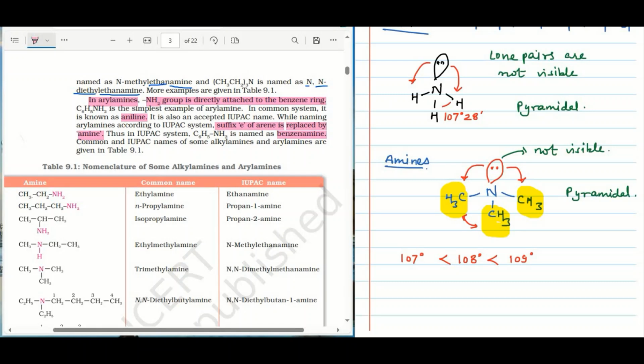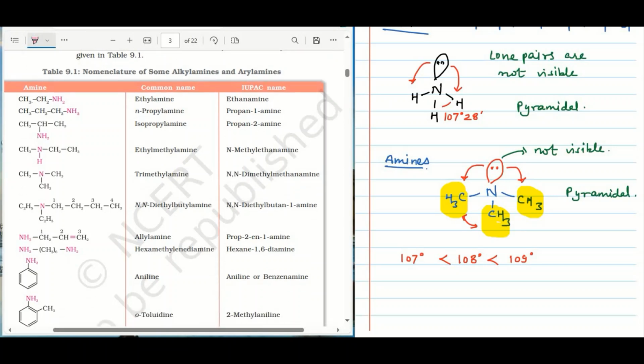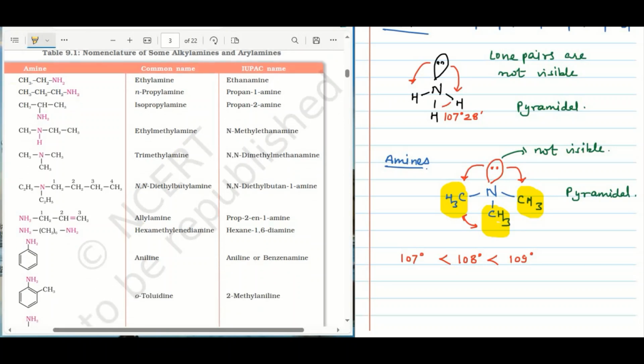So let's examine the common names and IUPAC names of some of the alkylamines and arylamines given in the table. Here in the first example, CH3CH2NH2 is given. This is a primary amine.